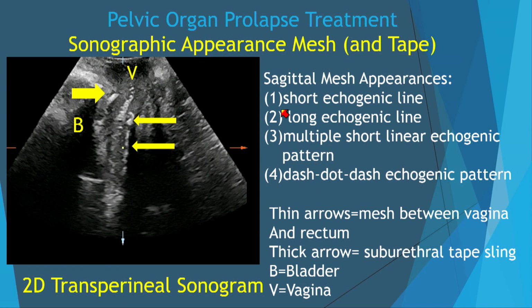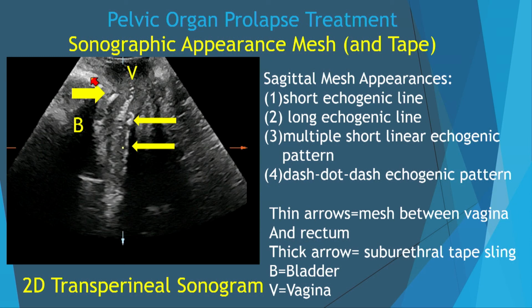It can appear as a short echogenic line, very similar to the suburethral sling, except in this case, generally, it's not in the position of the suburethral sling. It can be a long echogenic line, multiple short linear echogenic lines, or it can be a dash dot dash echogenic pattern.